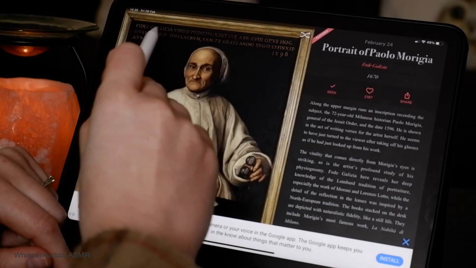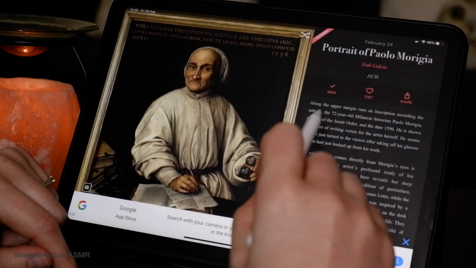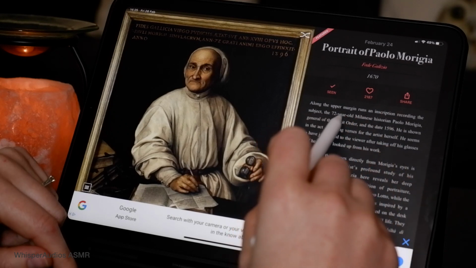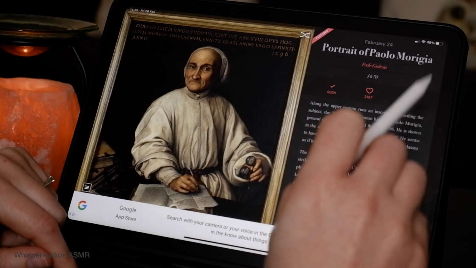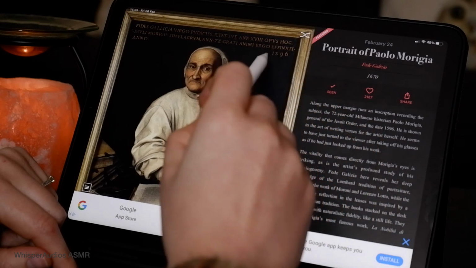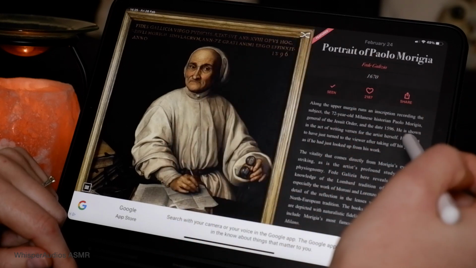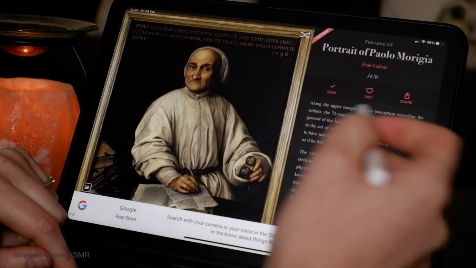It mentions an inscription, which we've just seen, recording the subject, the 72-year-old Milanese historian Paulo Morriga, general of the Jesuit order, and the date 1596. He is shown in the act of writing verses for the artist herself.